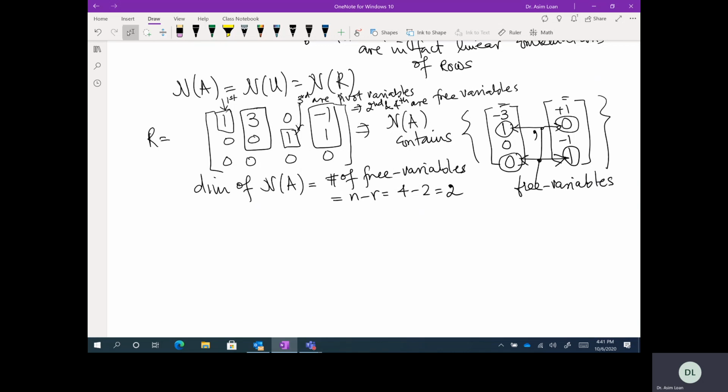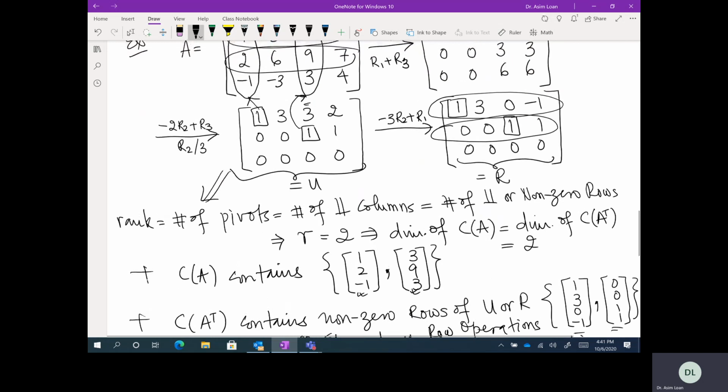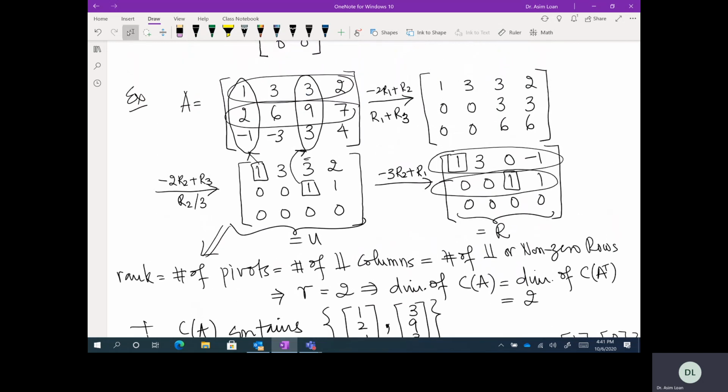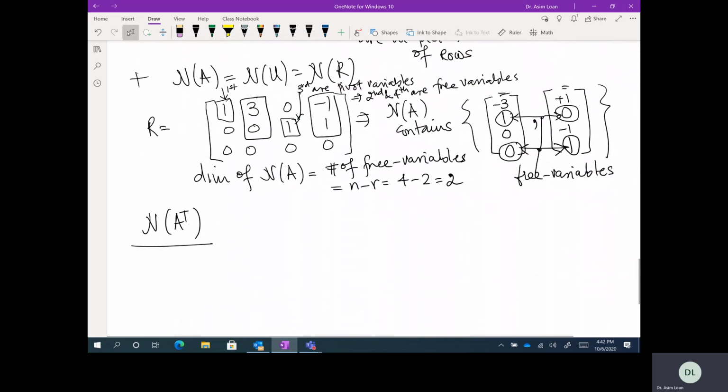What about the left null space? So in the left null space, we again look at y transpose A. The dimension of the left null space of A is m minus r.